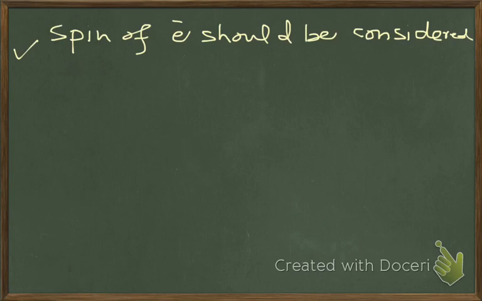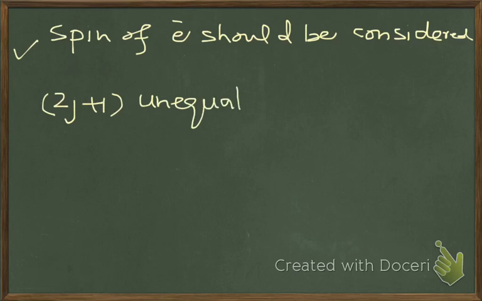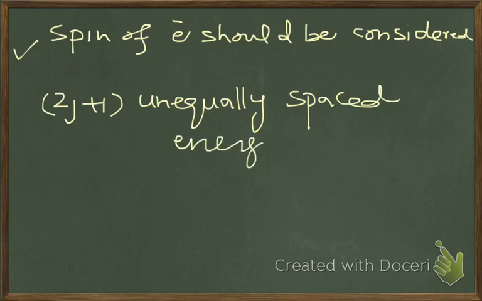This leads to splitting of each level into an even number, 2J plus 1, of unequally spaced energy levels, and this effect is known as the anomalous Zeeman effect, which is in full agreement with the experimental findings.